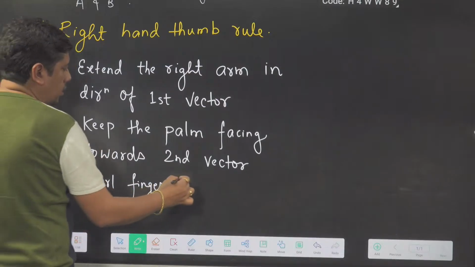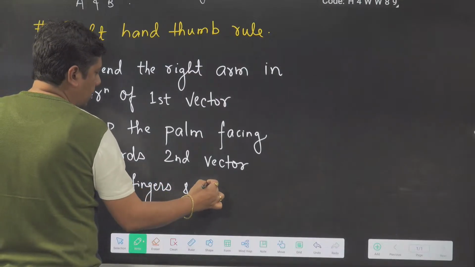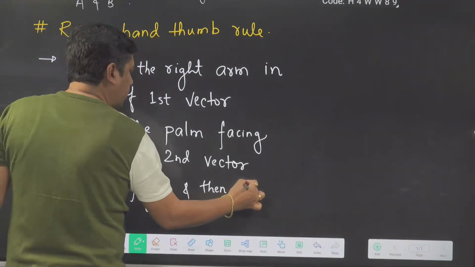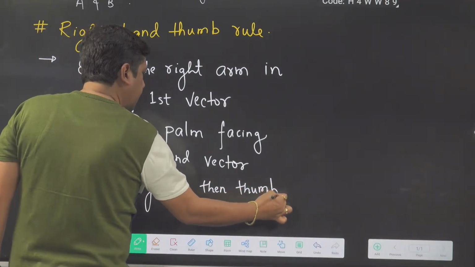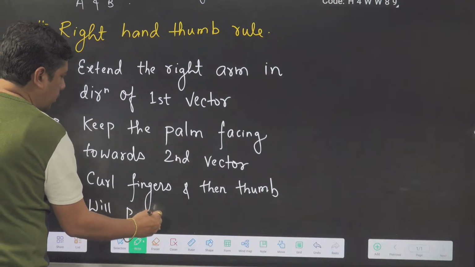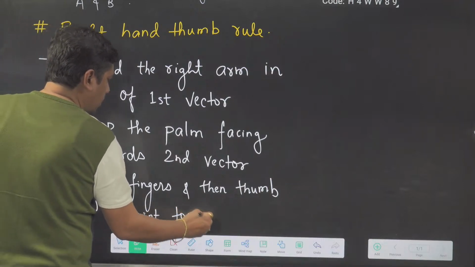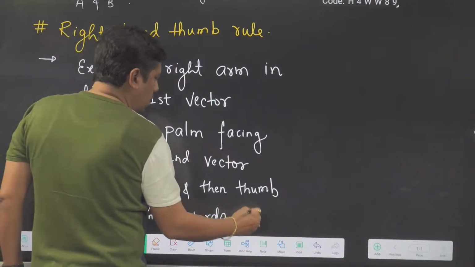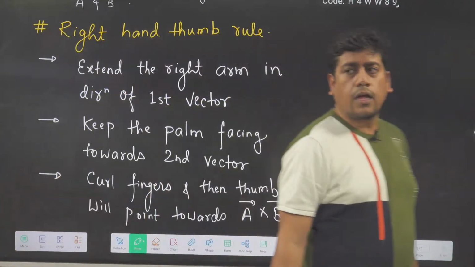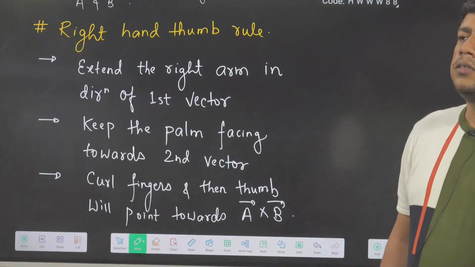Curl fingers, and then the thumb will point towards A cross B.